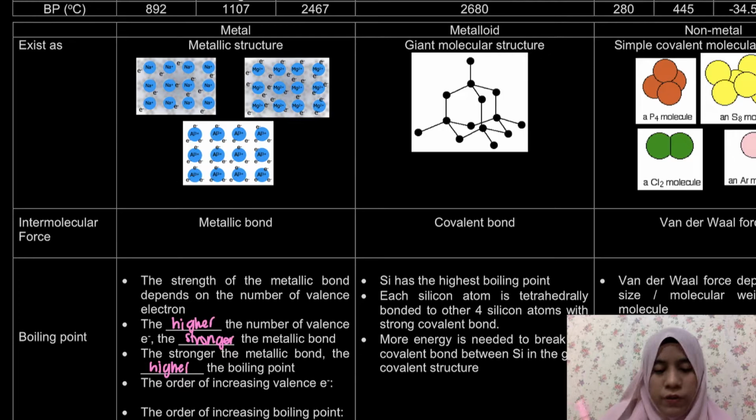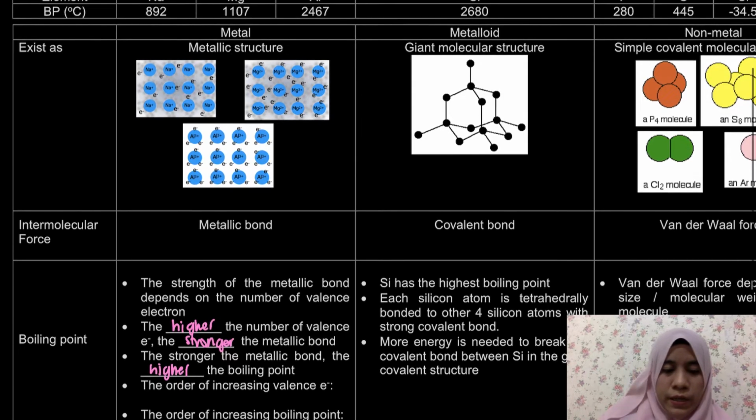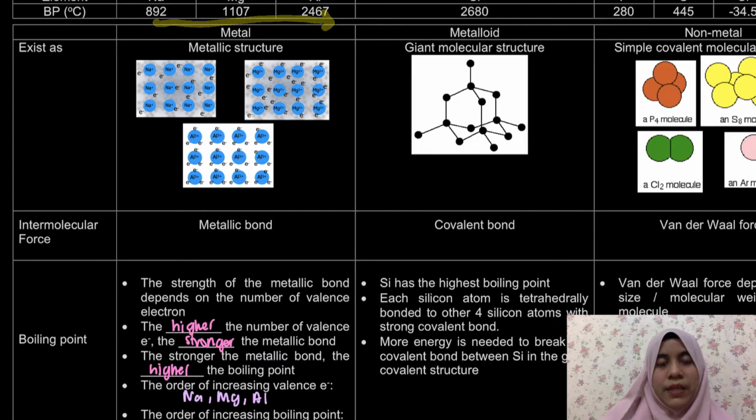So the order of increasing boiling point: we know sodium has 1, magnesium has 2, aluminium has 3. Then the order of increasing boiling point is the same: Na, Mg, Al. When we look from sodium to aluminium, the boiling point is getting higher.